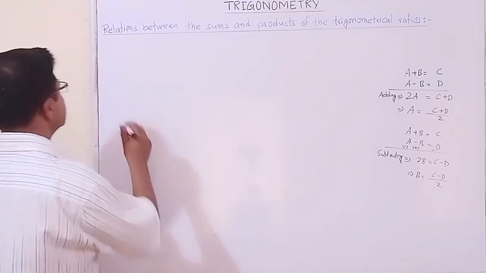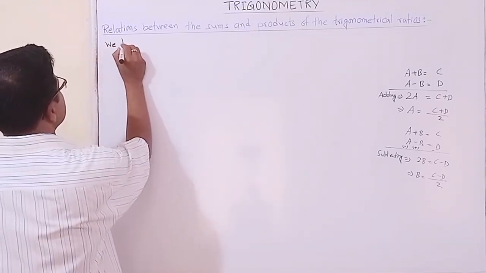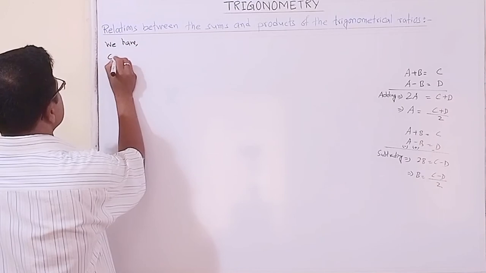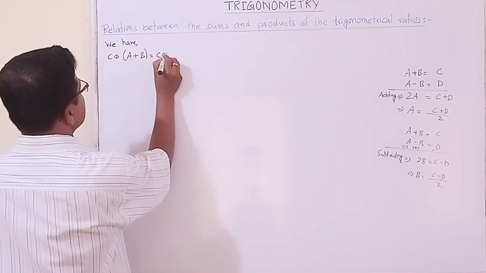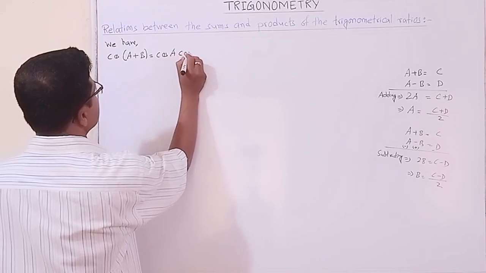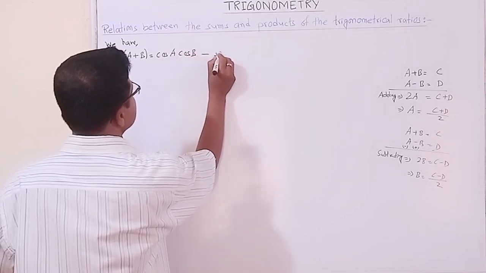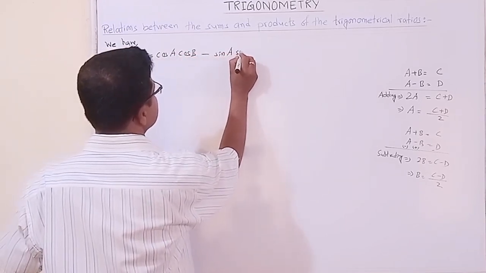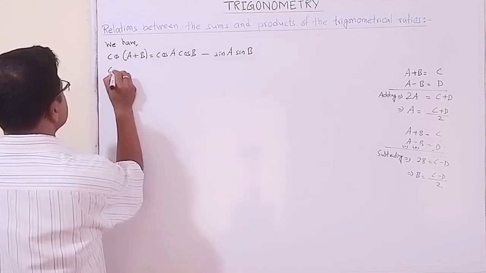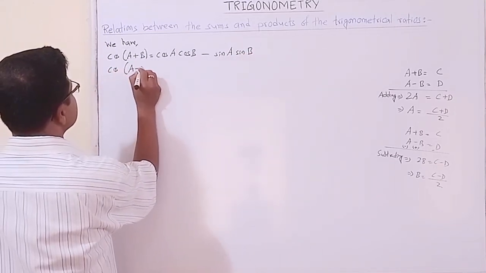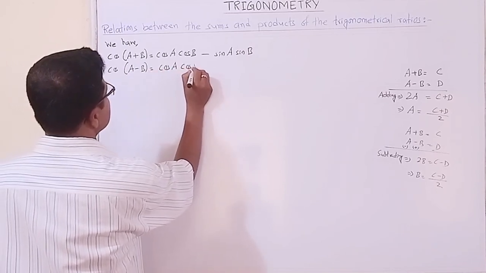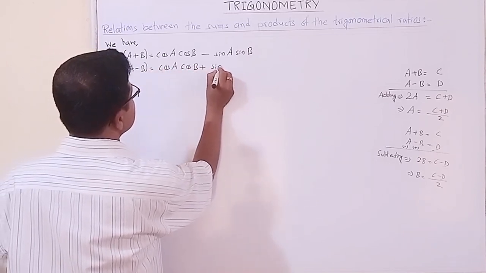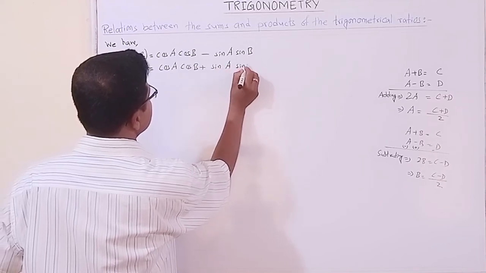Let us look at this. We have cos of A plus B equal to cosA cosB minus sinA sinB, and cos of A minus B is cosA cosB plus sinA sinB.